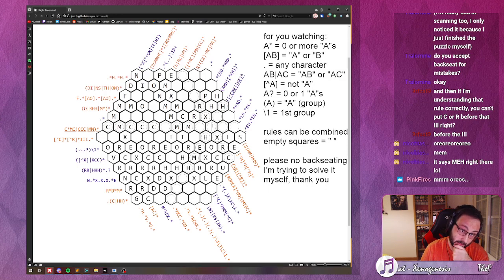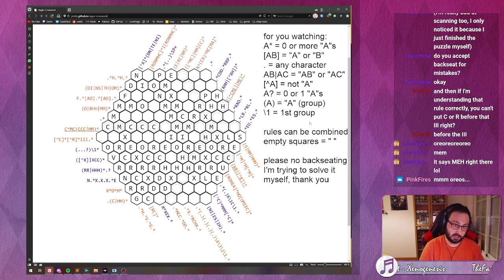If I put a C here, it forces an M here, and there cannot be a C here. Which means there can't be a C here, right? Because if there's a C, then I have to fulfill the ME. Can there ever be a C in this line? No, there cannot be a C in this line, so this forces to be an M.